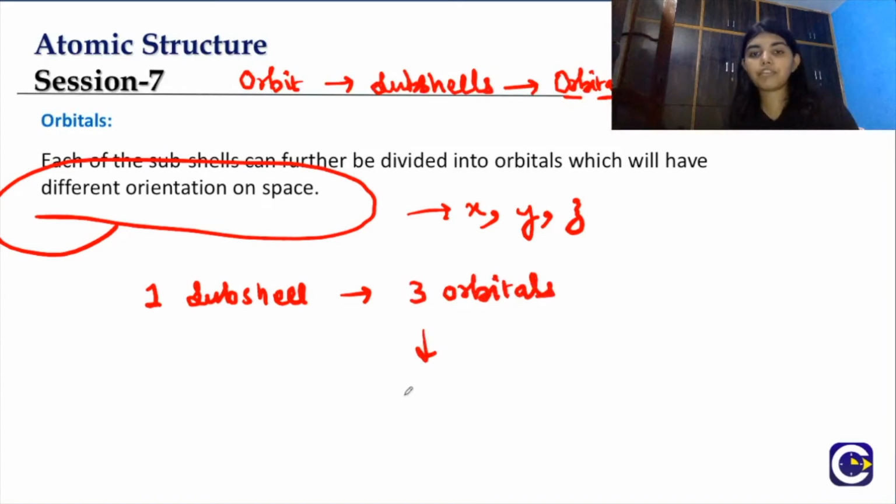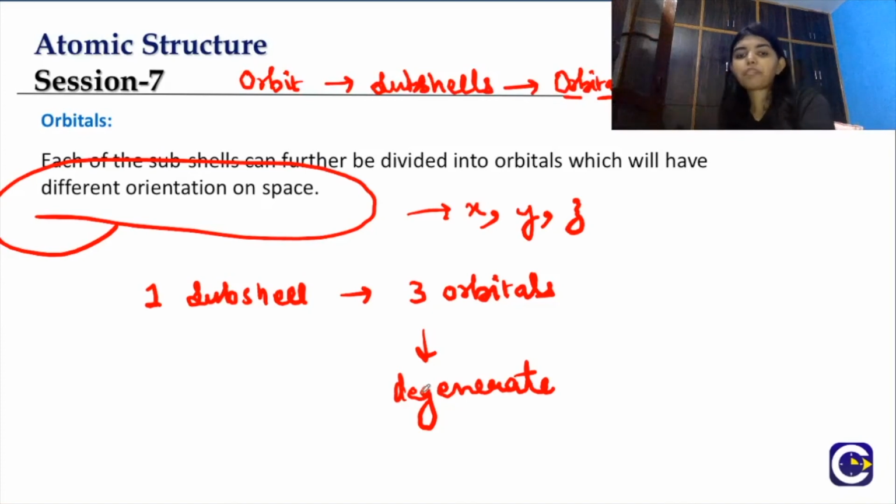Degenerate means they are equal in energy. When we talked about an orbit containing 3 subshells, they have different energy. But one subshell containing 3 orbitals, they will be the same in energy.